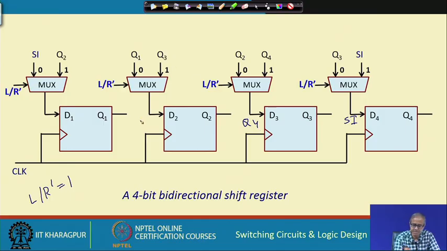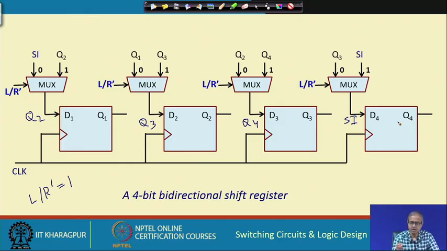Q3 is coming here, and Q2 is coming here. So, shifting will be happening in the reverse direction. Q4 will be coming here, Q3 will be coming here, Q2 will be coming here, and Q1 will get lost, and a new value will be entering in Q4, right.